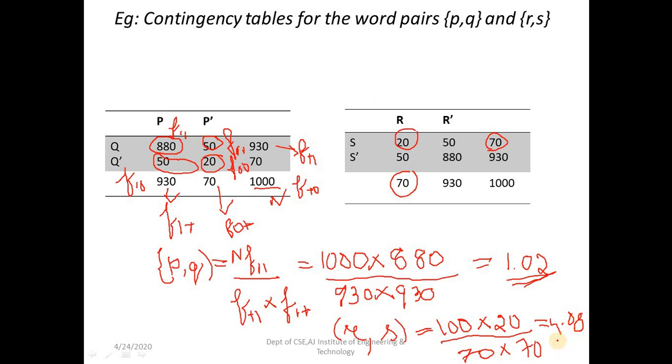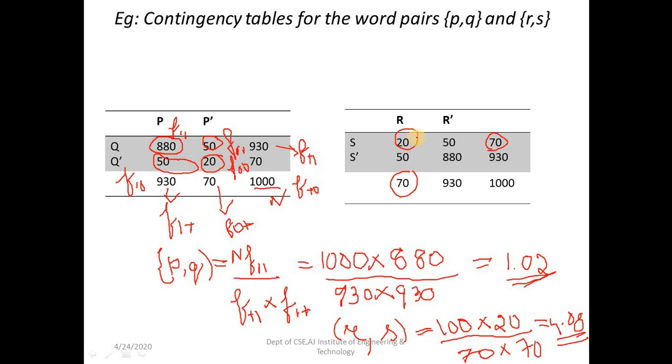Now here you can see that although the words P and Q are more frequent than the words R and S, because the support count, or the frequency of occurrence, of P and Q is 880, but the support count of the word pair R, S is 20.